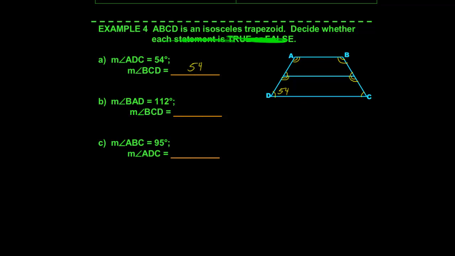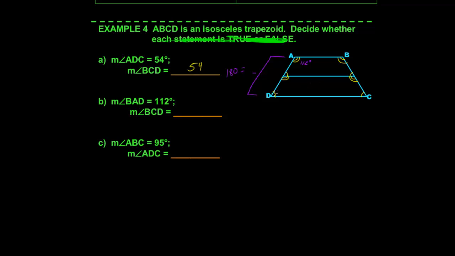BAD is 112. What is BCD? BCD, well, by the definition of a trapezoid, it is a quadrilateral. Therefore, these would equal 180. Now, if these two angles would equal 180, and D and C are the same, then let me go ahead and erase this because that does not hold true in this instance.